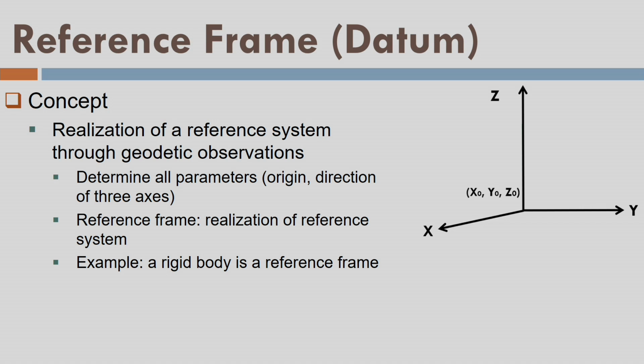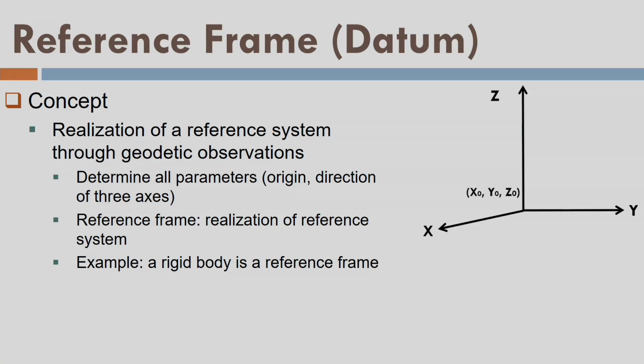Now if I want to define something called a reference frame, or in other words a datum, I need to understand that if I try to realize the reference system, it is called a reference frame. So the realization of the reference system is called a reference frame. What do you mean by realization? Let us say you are observing some points on the surface of the earth, and using those observations you are trying to find a reference frame or reference system.